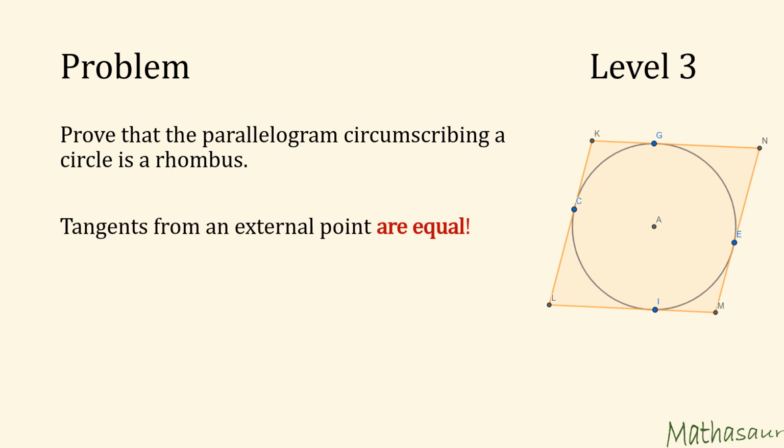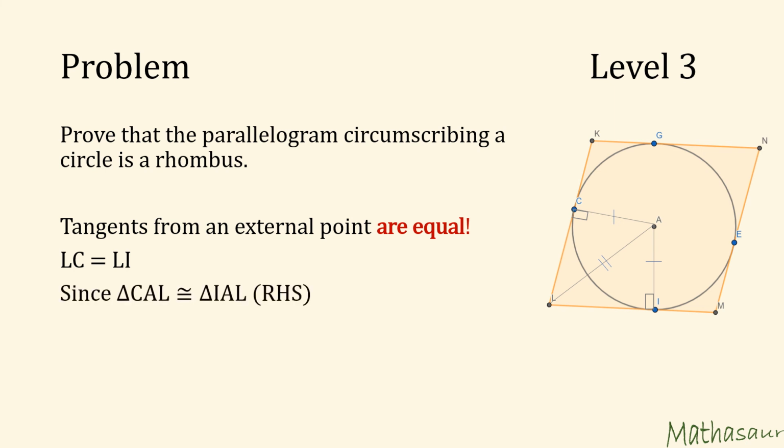Now recall that tangents from an external point are equal, which means that LC is equal to LI. We can join the segments AC and AI to derive this result as well. You can see that angle C and angle I would be right angles, AC and AI are radii, and the side AL is common.